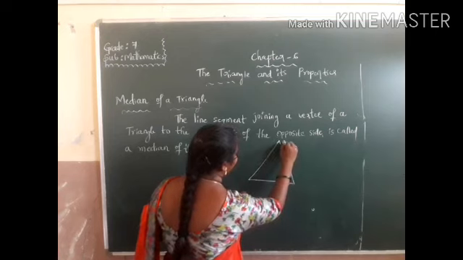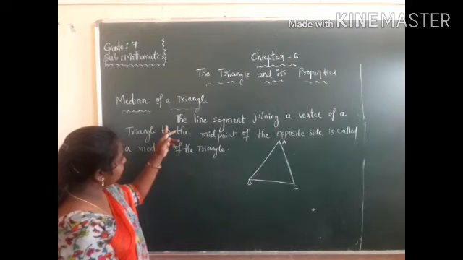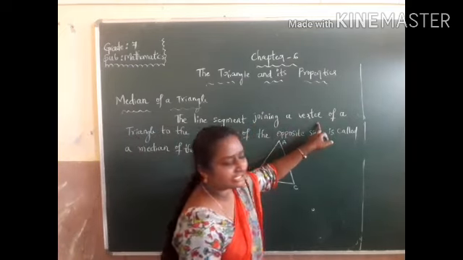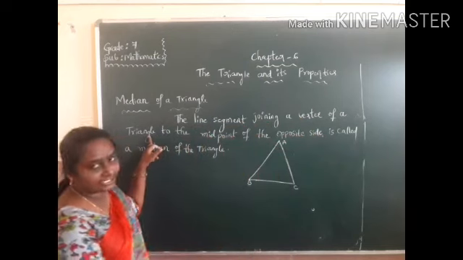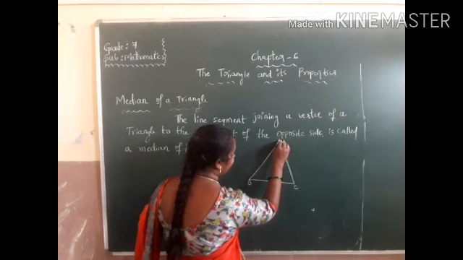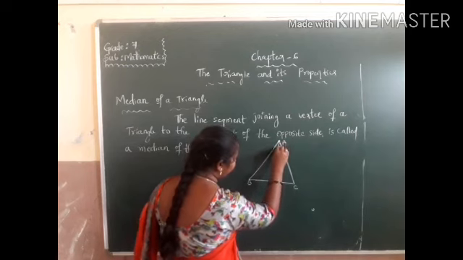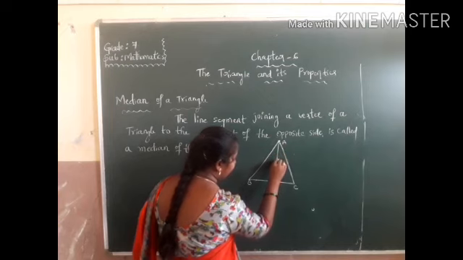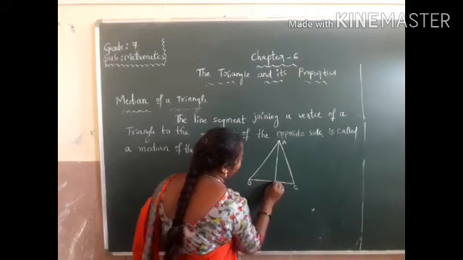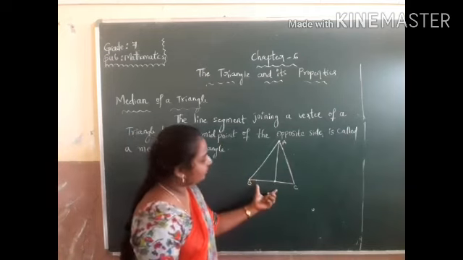Suppose it is a triangle ABC. Here, the line segment joining a vertex of a triangle. Now I am taking vertex A. The line segment joining a vertex of a triangle to the opposite side. So what is the opposite side of vertex A?